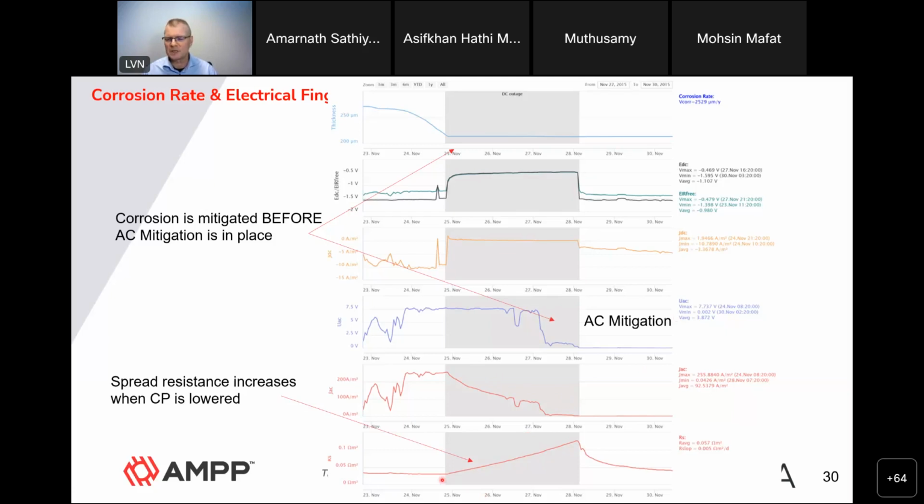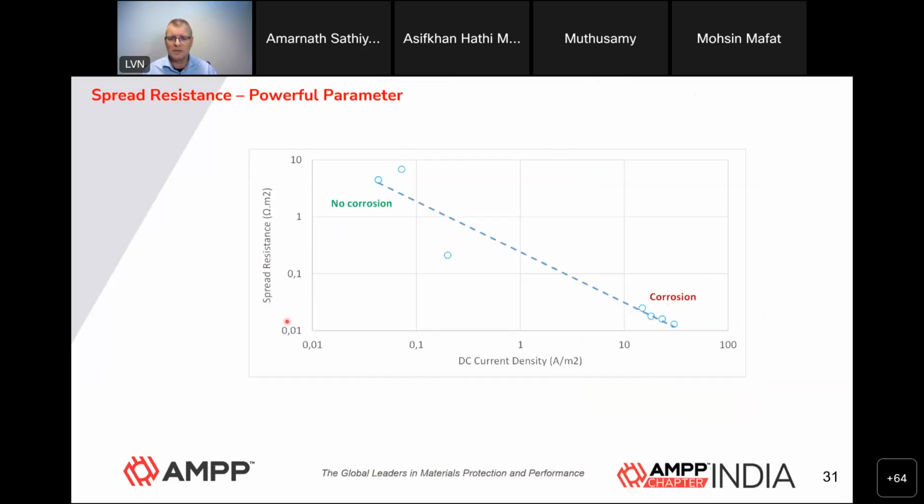Actually, we can prove with this technique that if you try to adjust your DC potential to a value of minus 900 millivolts, something like that, rather than minus 1200 or minus 1500, in that case, regardless of the AC level, you will actually be safe regarding AC corrosion. And we have proved many times, we have around 18,000 sensors out there, that the operator is actually causing the AC corrosion himself.